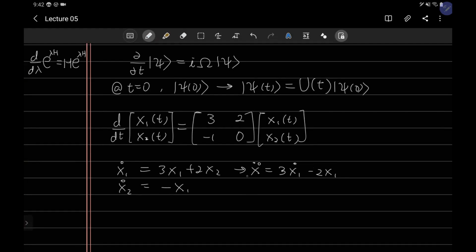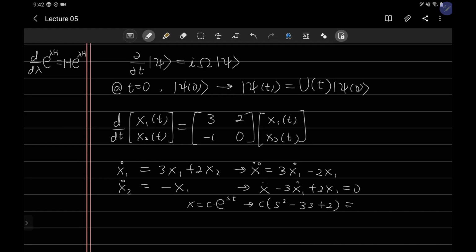Then how do we solve this problem? Well, that's easy, because this is simply a second-order differential equation. In this case, we generally try some ansatz for the solution form. So let's try something like c times exponential of st. Then you will have the common factor of c, and s squared minus 3s plus 2.